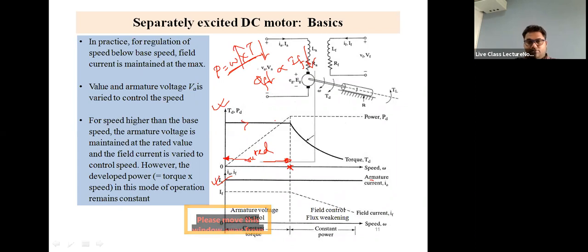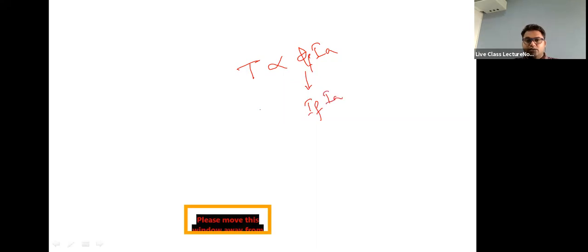I think I will take you to a better slide. Torque obtained is a function of phi F into Ia. IF controls the flux, so torque is proportional to IF into Ia. Now if you decrease the IF, the torque will obviously go down. Is it not so? Yes, sir. So what will happen?